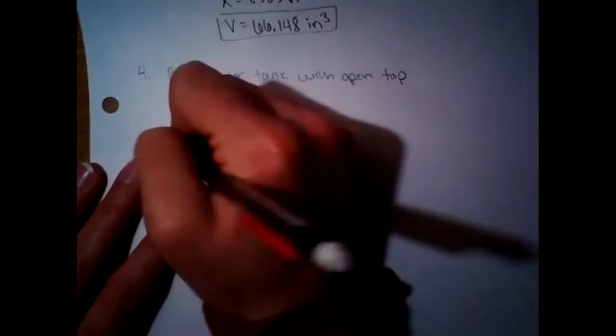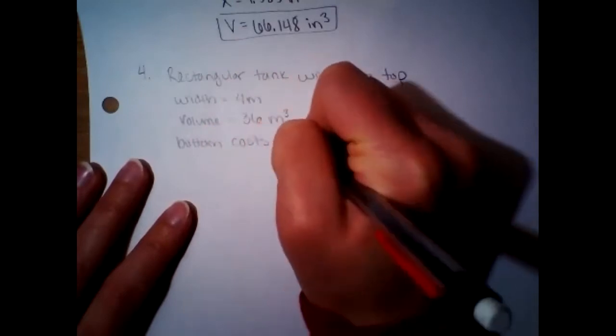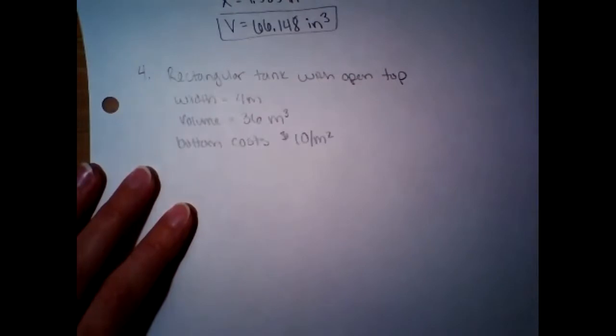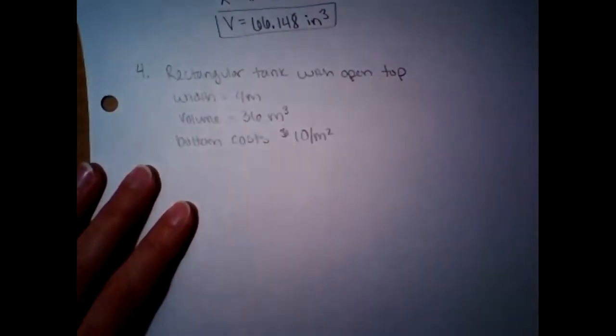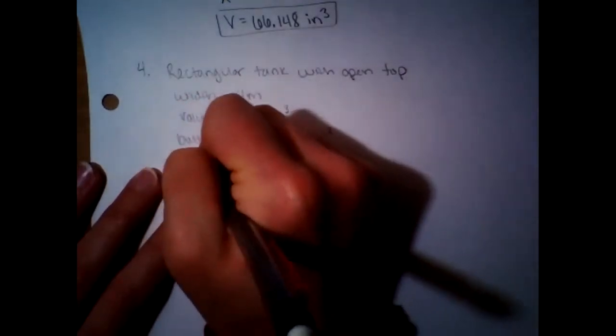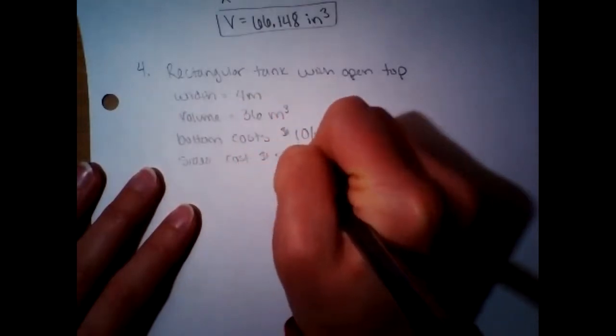And then I'm going to tell you the prices of the materials. So the bottom of the tank costs $10 per square meter. The reason that's squared is the bottom would just be an area. That's just two-dimensional. And the sides cost $5 per square meter.